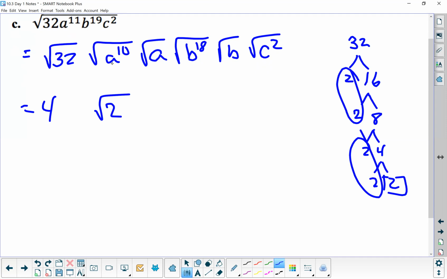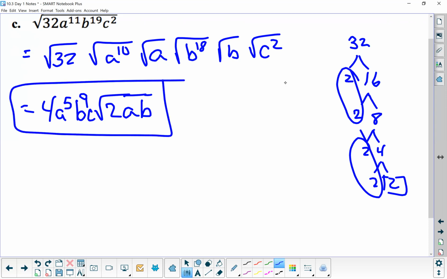The square root of a to the 10th: 10 divided by 2 is 5, so we get a to the 5th. And we have an a that goes underneath the radical. Square root of b to the 18th: 18 divided by 2 is 9. And we have a b that goes underneath the radical. The square root of c squared: 2 divided by 2 is 1, so we just have a c there. And that's our simplified expression.